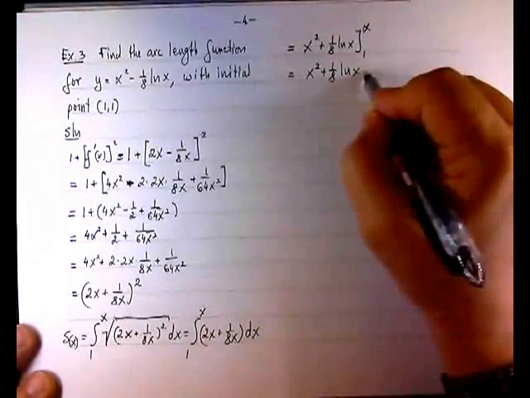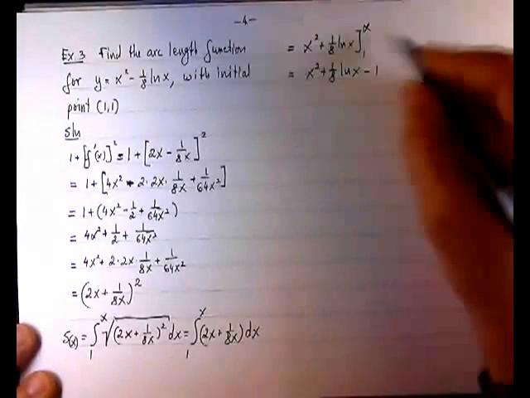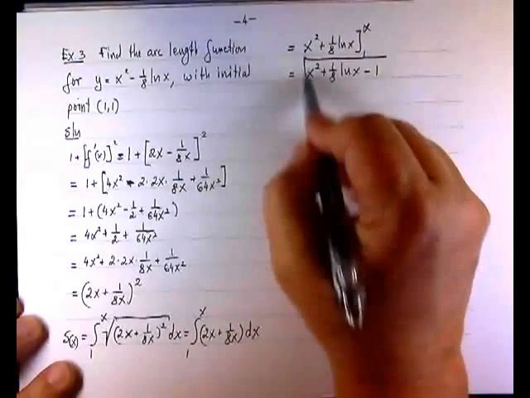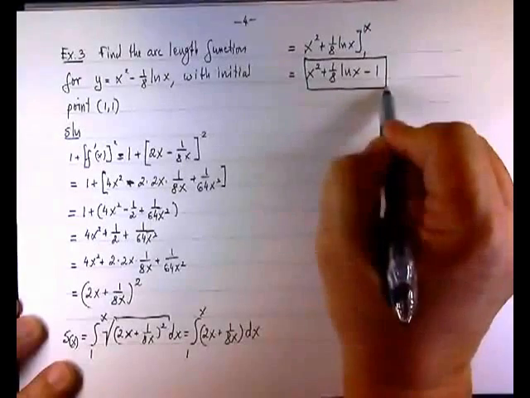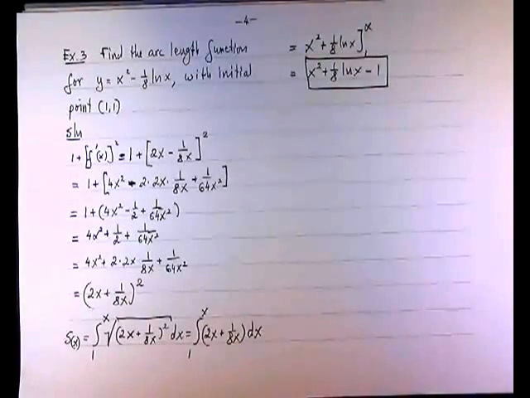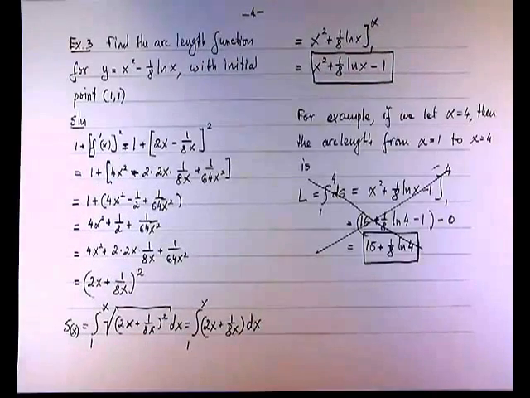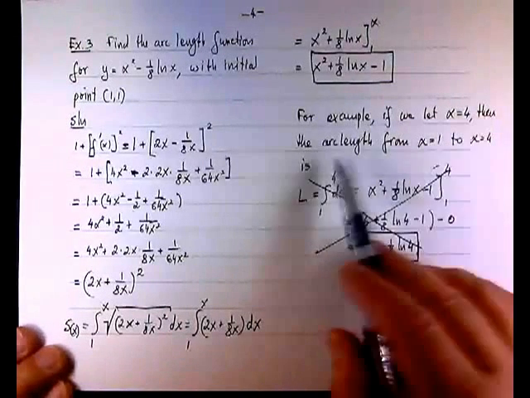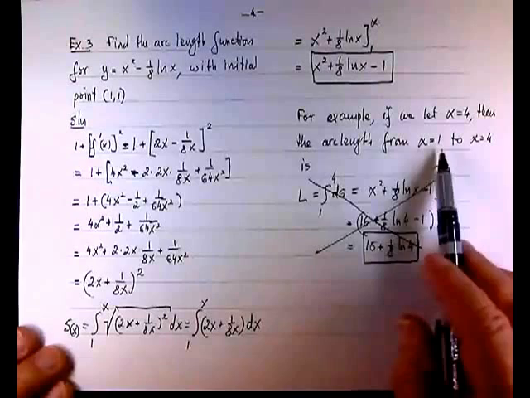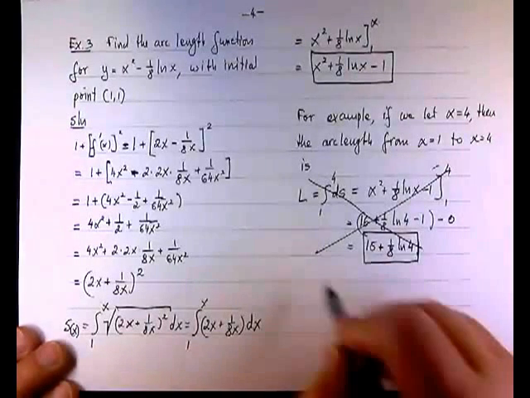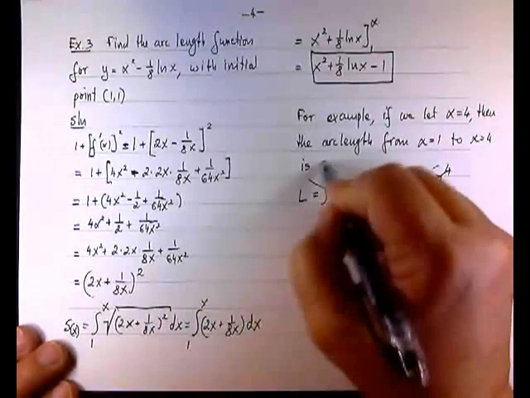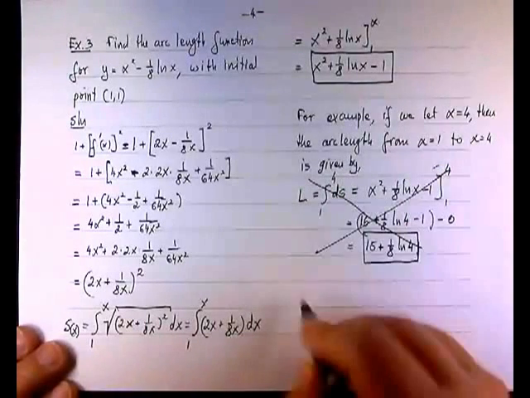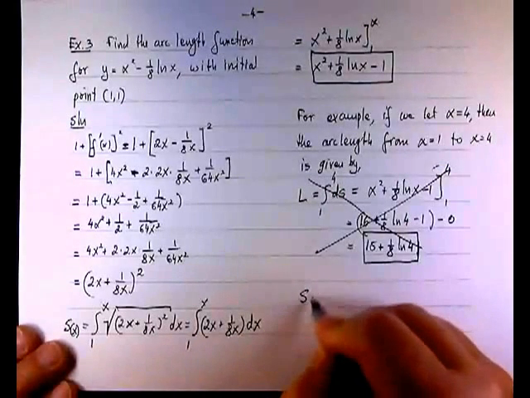So we have x squared plus 1/8 natural log of x, and now when we evaluate it for 1, then we have minus 1 squared, and then the natural log of 1 is 0, and that's it. For example, if we let x equal 4, then the arc length from x equals 1 to x equals 4 is simply s of 4.